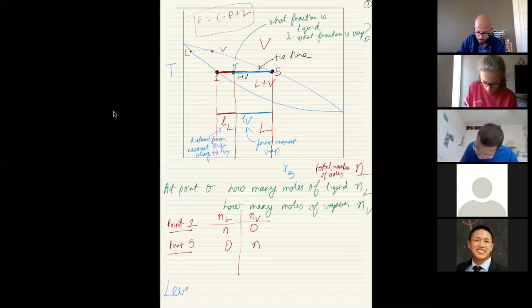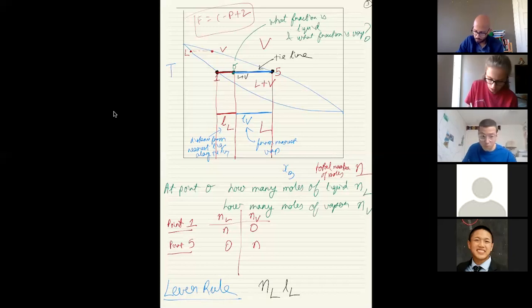The relation that I am introducing next is called the lever rule. The lever rule says that the number of moles of liquid multiplied by this length from the nearest liquid point is going to be equal to the number of moles of the vapor multiplied by the distance from the vapor point. And you can see why this makes sense.